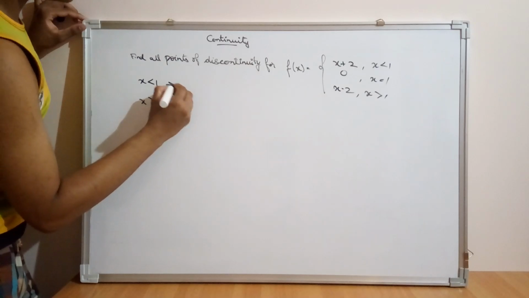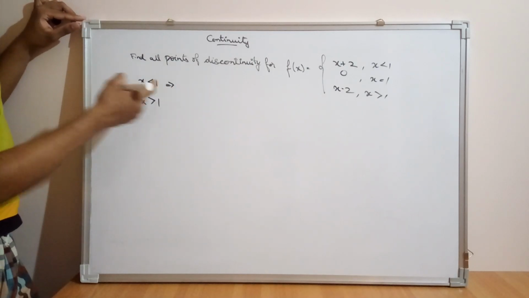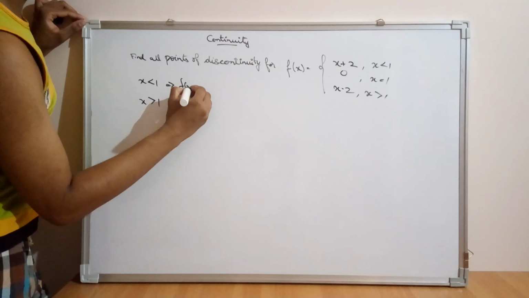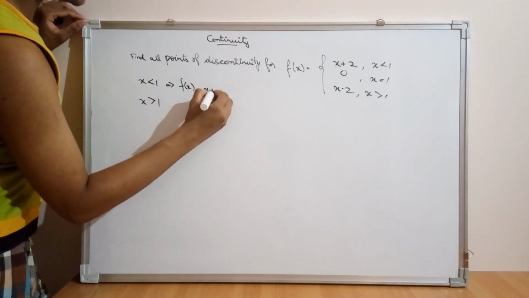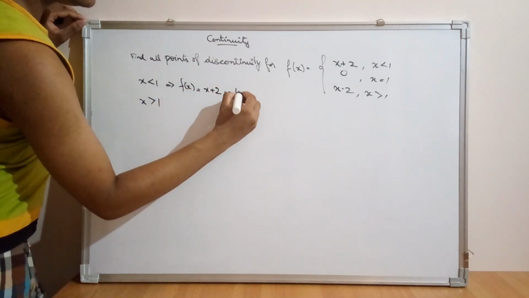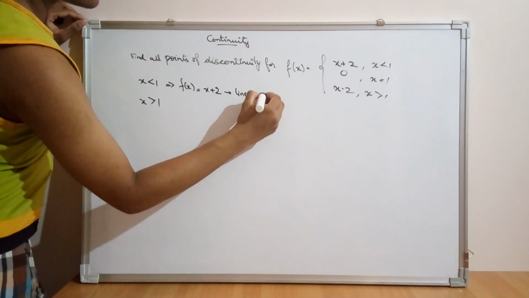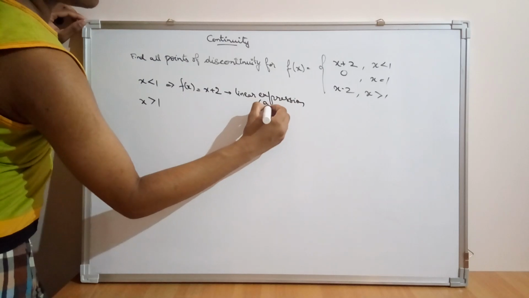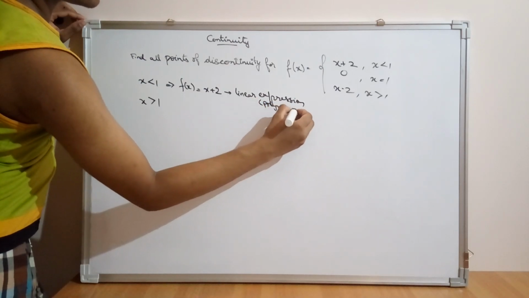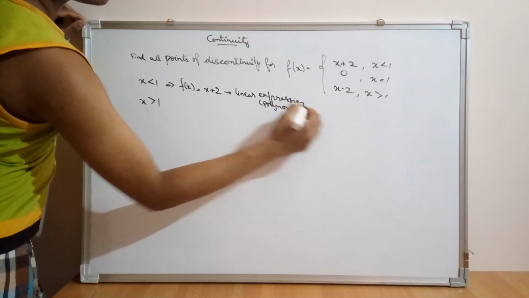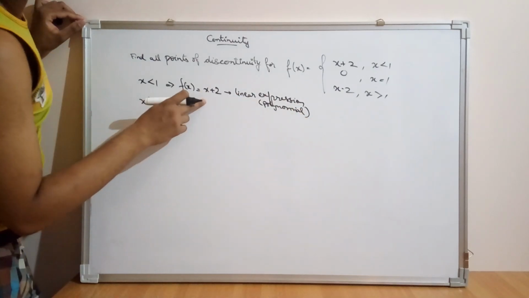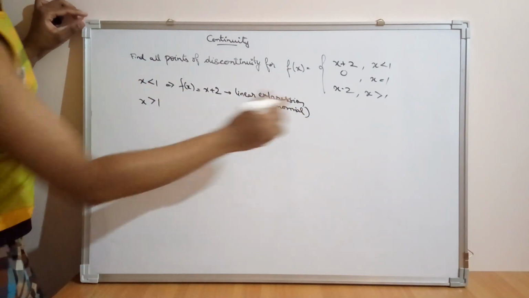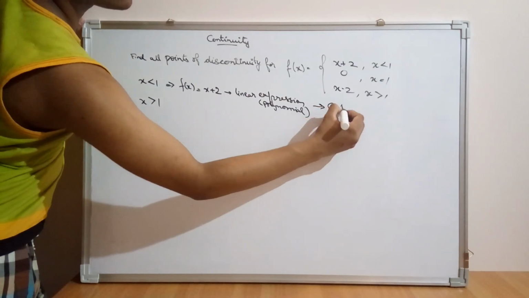When x is less than 1, f of x becomes equal to x plus 2, which is a linear expression, or I can say a polynomial. Therefore this interval is going to be continuous.